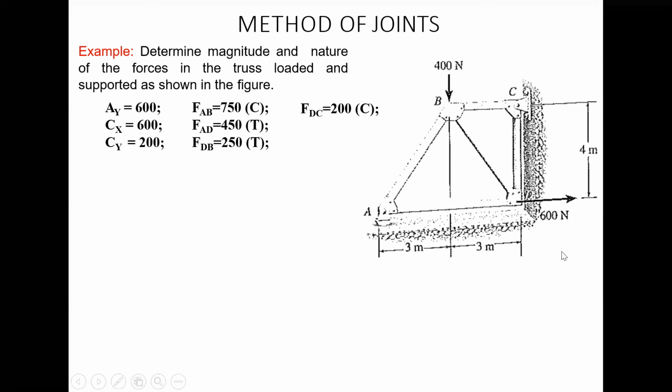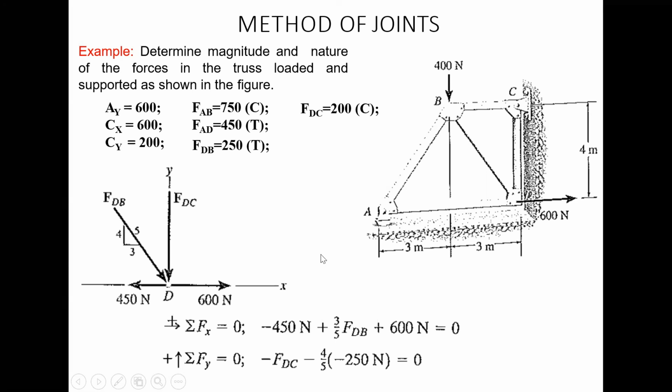Next, so now we have calculated this FDB, and what about FDC? So from this equation you will get FDC is equal to plus 200 Newton. That means the direction of FDC is correct. So this FDC will produce compression at the point D. So that's why we are writing FDC is equal to 200 C.